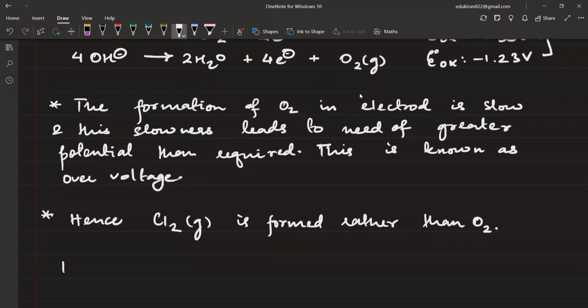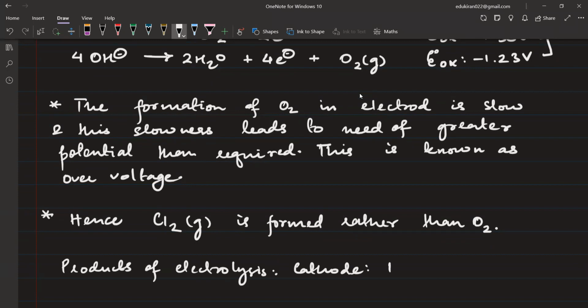Right here, what are the products of electrolysis? We have at cathode, we get H2 gas. At anode, we are going to get chlorine gas. Okay, so these are the two things that we are going to get as the product.